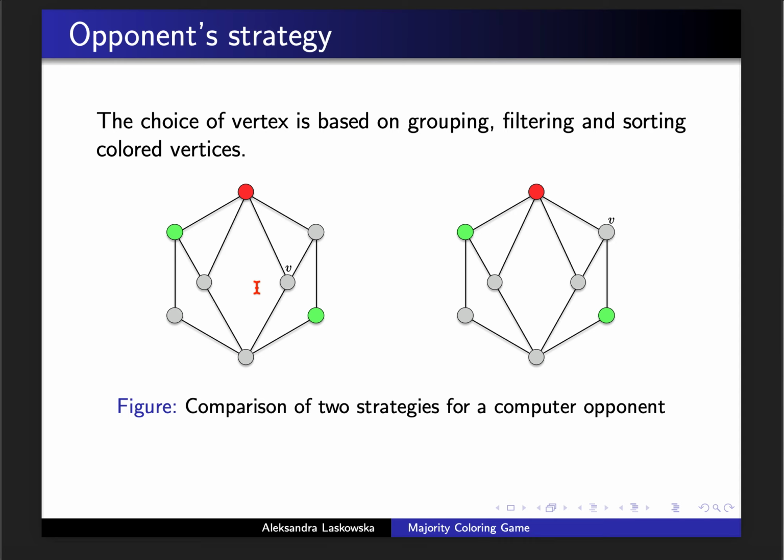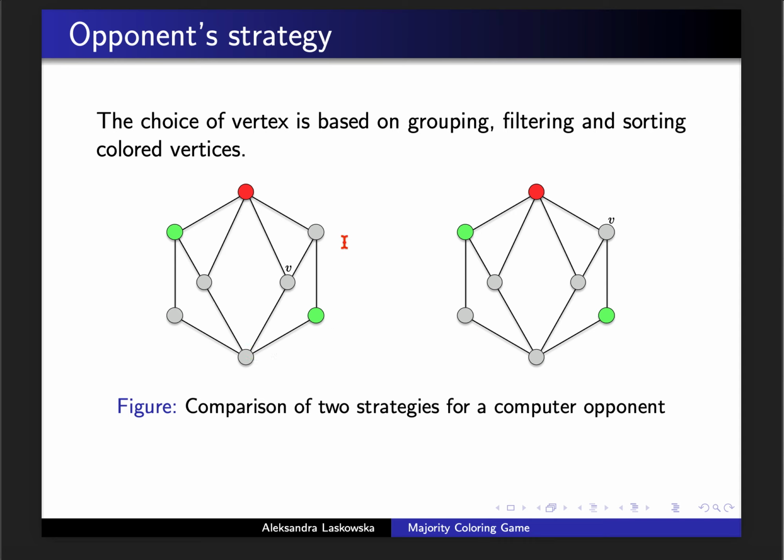Whereas in the graph on the left, we can see that the choice is different, and here one monochromatic edge will be created for sure, but also two others will be created for sure as well, because either this edge or this edge will be non-monochromatic, and either this edge or this edge will be non-monochromatic as well.